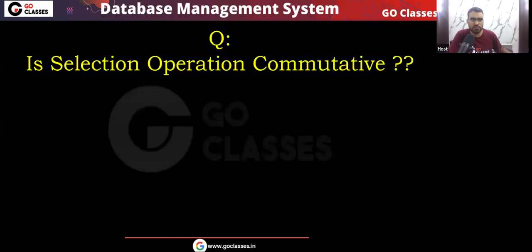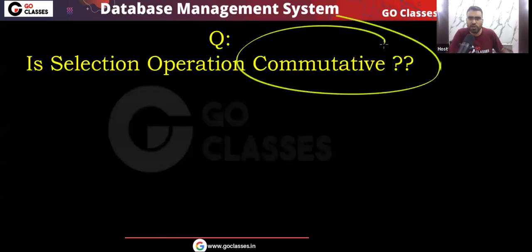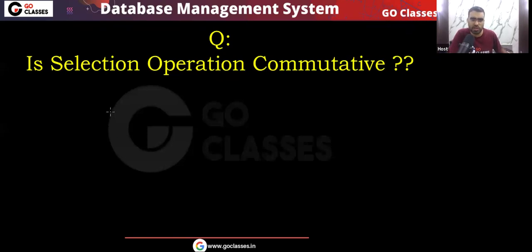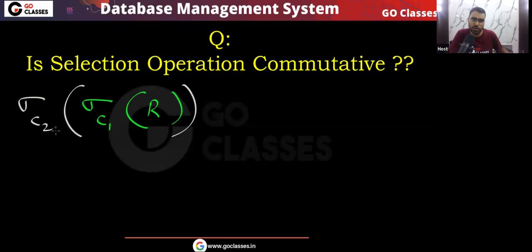Let's move on now. Is the selection operation commutative? Let me tell you what it means. Say this is your table R. I apply sigma condition 1, and then on the result I apply sigma condition 2.